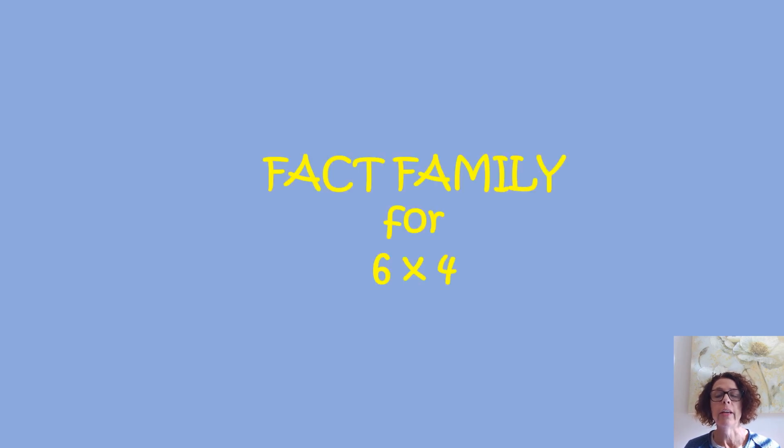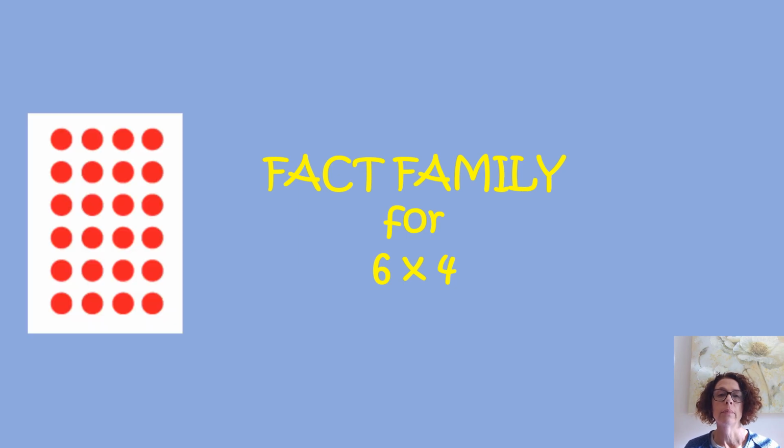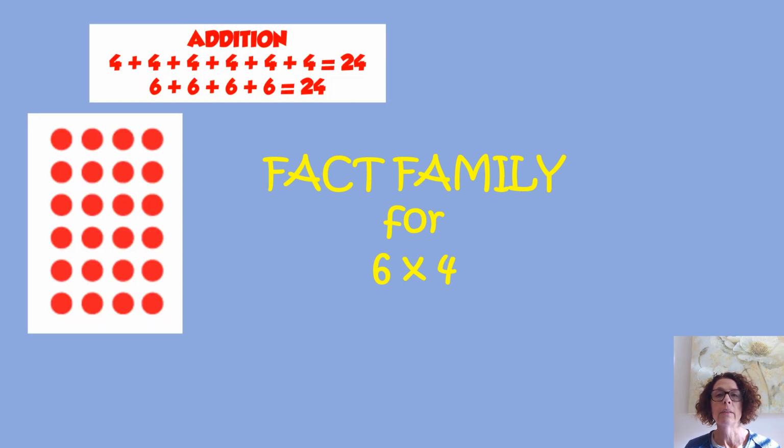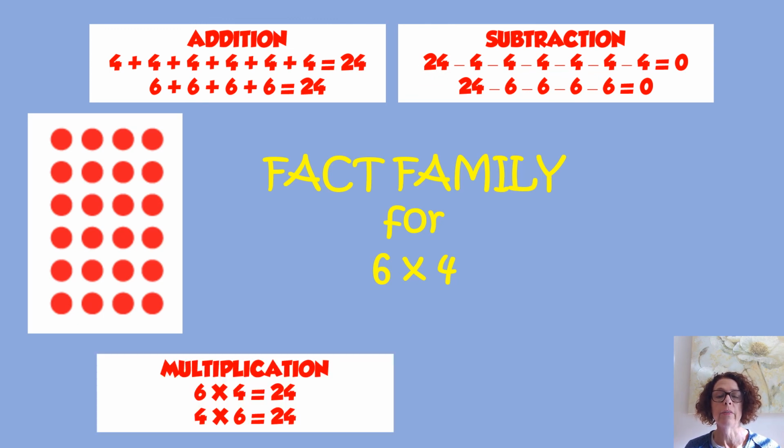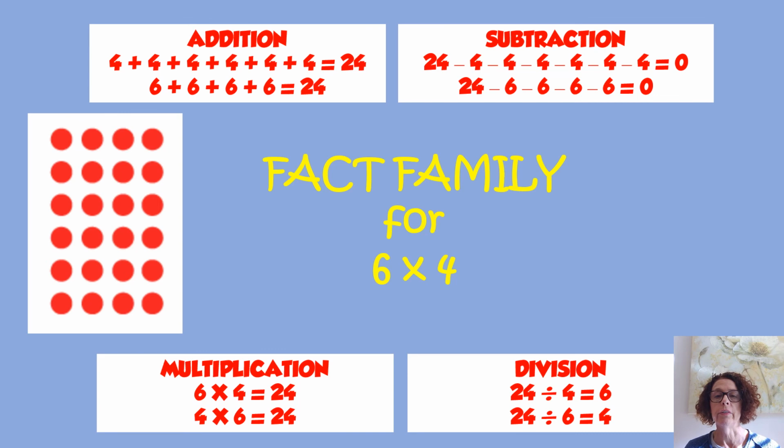So how many different facts can we write for the fact we started with, 6 times 4? 2 addition facts, 2 subtraction facts, 2 multiplication facts, and 2 division facts.